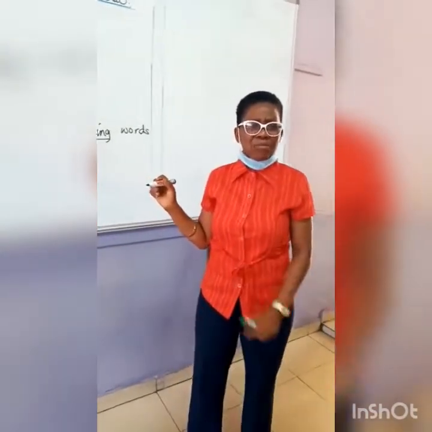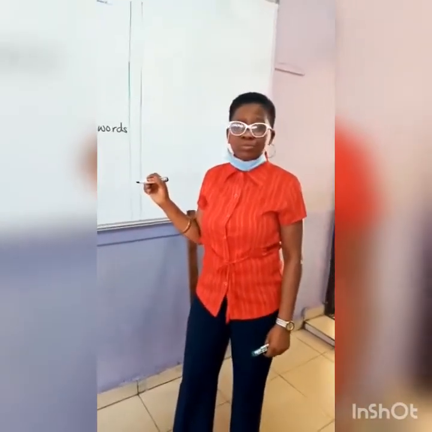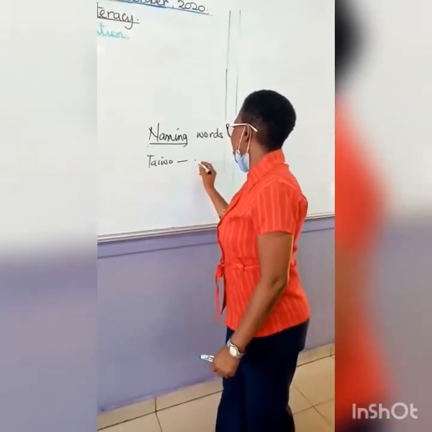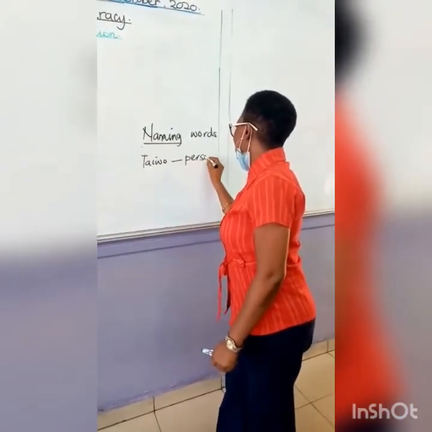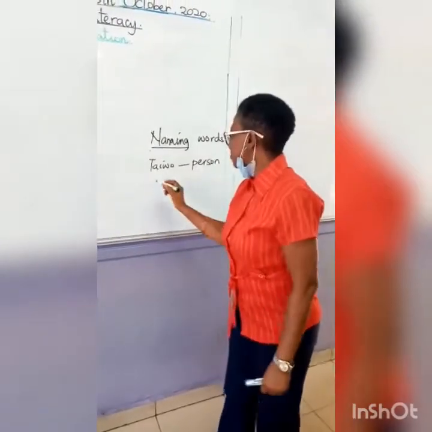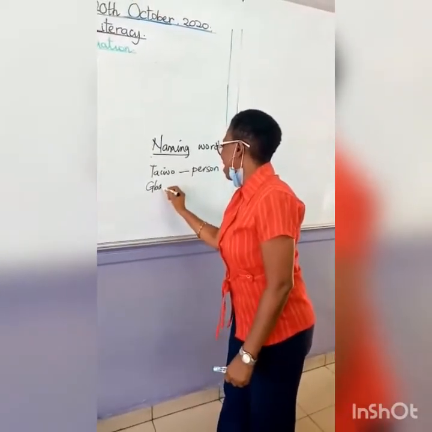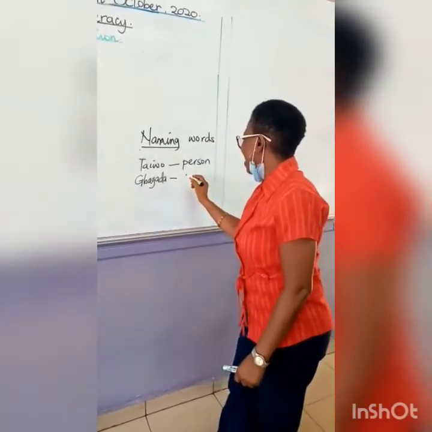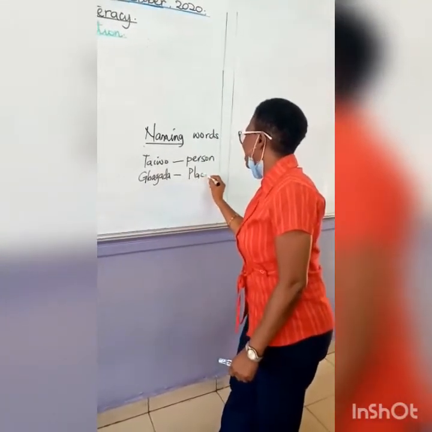Now, can we give examples of nouns? We have Taiwo, the name of a person. We have Bagada, and our school is situated at Bagada, the name of a place.